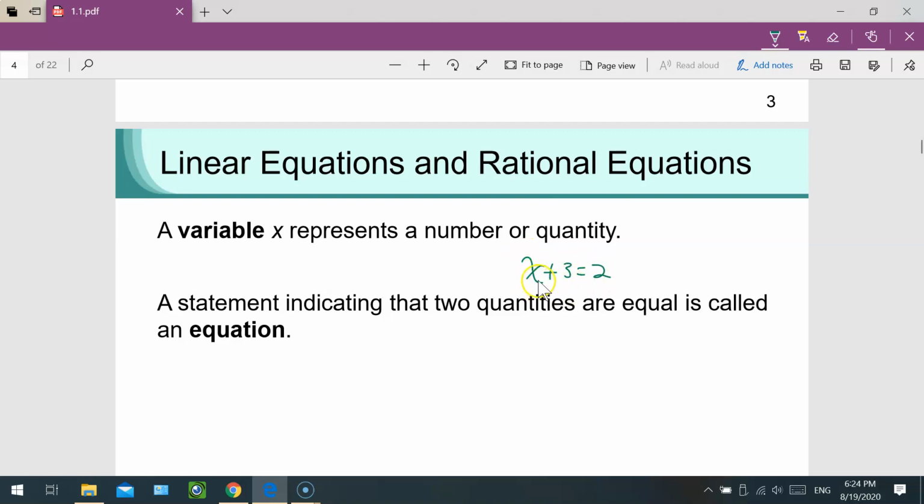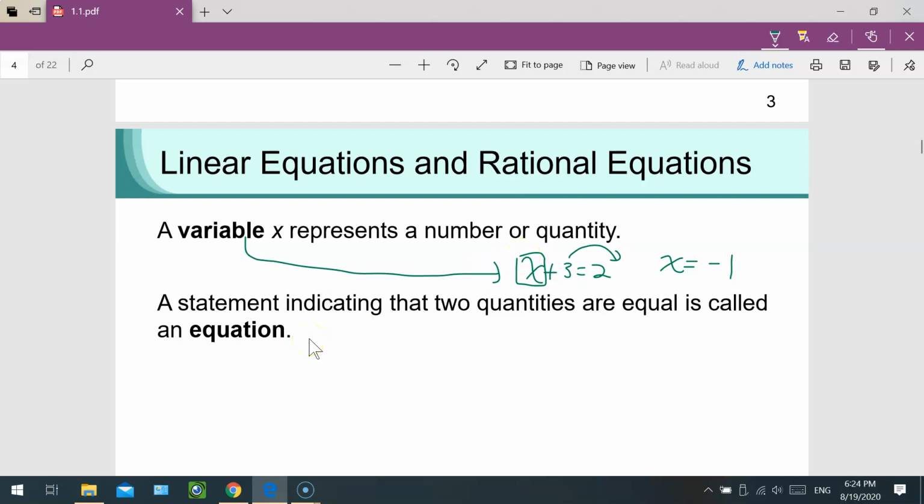You will know we are solving for the x. So x is an unknown variable. We try to figure out what this guy is. So we just manipulate to move the number. In this case, we move the number 3 to the right, and then the solution tells us that x equals -1. So we call this a variable. Variable is the x, right? And we want to try to solve for a variable.